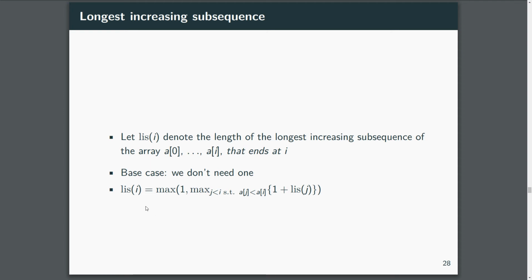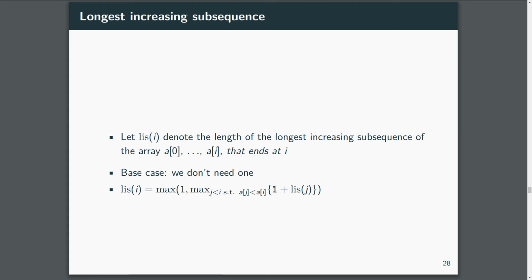So let's go through this. The answer at index I is going to be, let's say we're constructing it from a previous answer. So go through all indices j which are less than I. If the value at index j is less than the value at index I, then we can take the longest increasing subsequence at index j and we can add the value at index I to it.